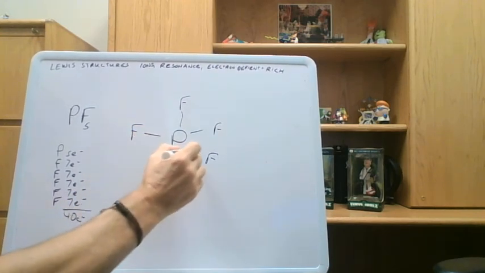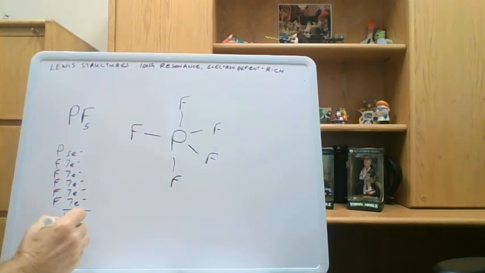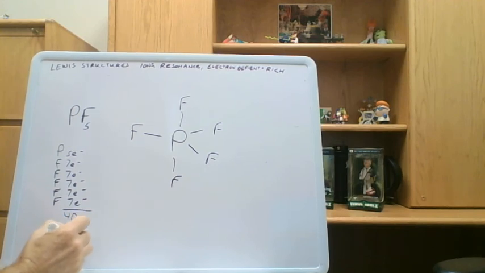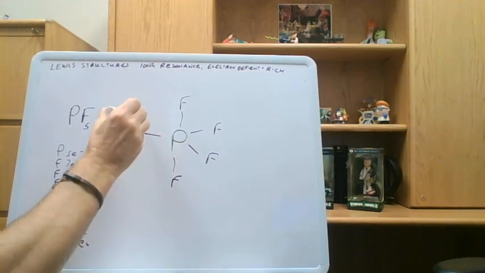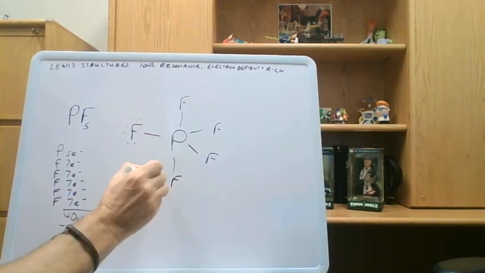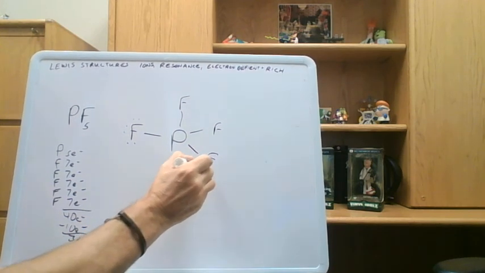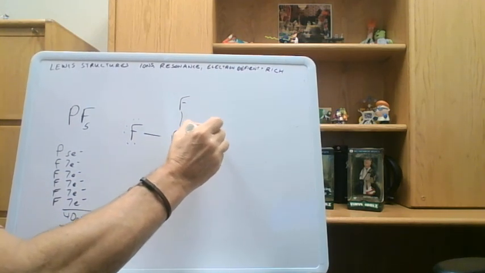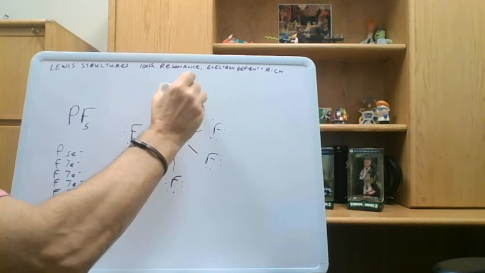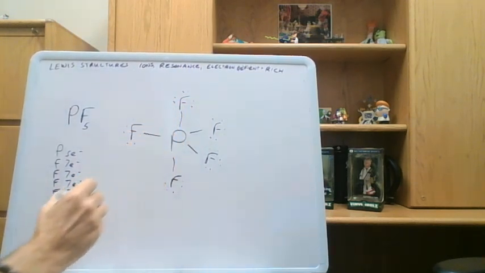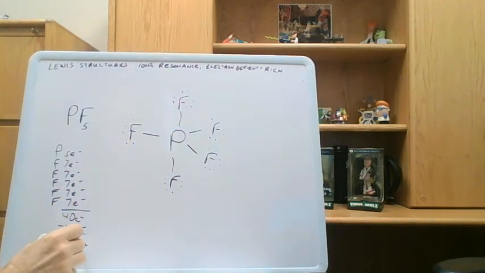And so we use 2, 4, 6, 8, 10 electrons. That leaves us with 30 electrons, and our next step is to put them on the terminal atoms. Each of these fluorines can take 6 more electrons around it. Right, and that's all 30 of our electrons. We have 0 electrons left to share.